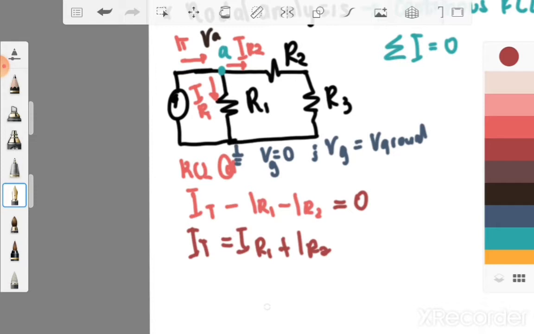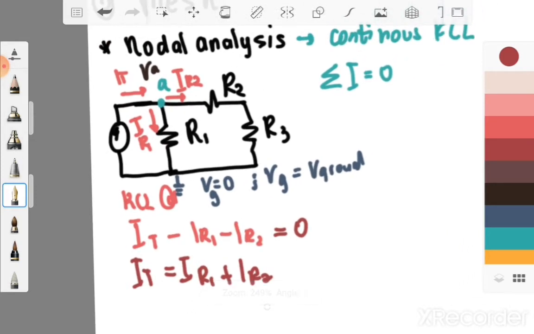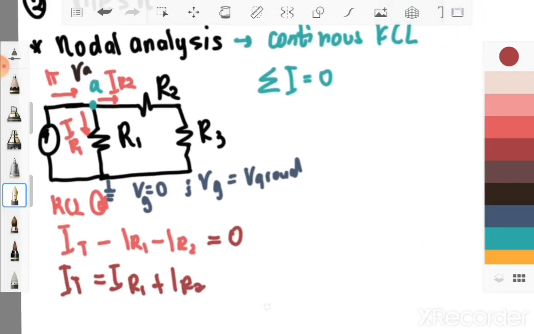According to our nodal analysis, our voltage at a node is equal to our VA. So, what are the resistances connected to this node? Since there is no voltage or current source on the node, I may say that my VA is the voltage across your R1 and R2 and R3.